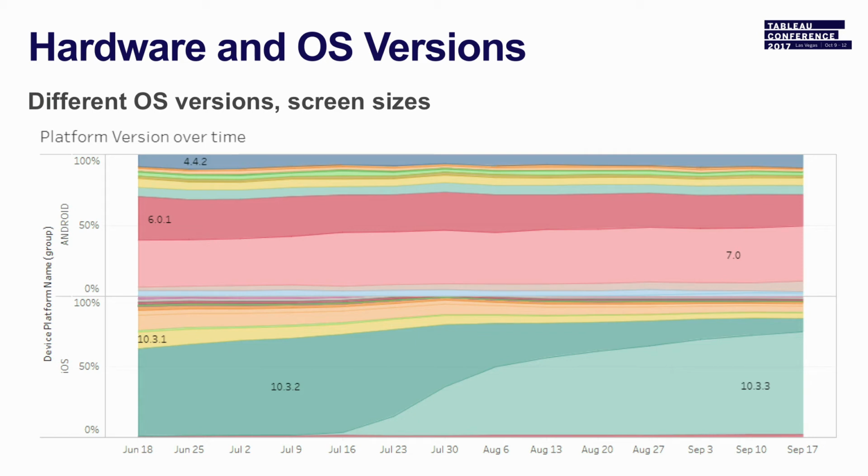We can see on the top are Android operating system versions, and on the bottom are iOS operating system versions over time. The Android stays relatively constant, and we can see that there's still a top layer of folks on an Android OS from years ago. On iOS on the bottom, you can see even a minor dot release gets picked up by users fairly quickly.